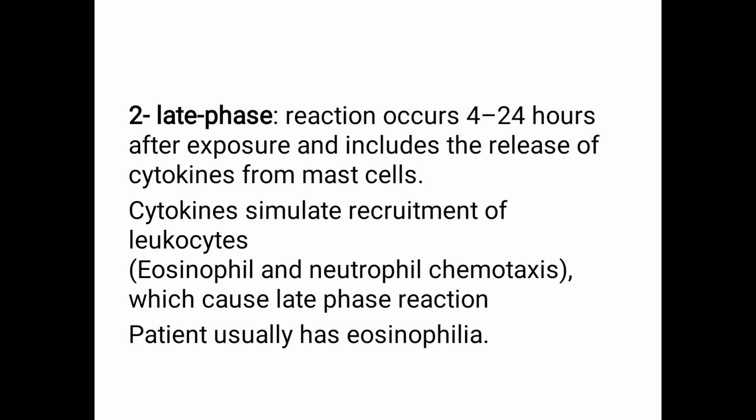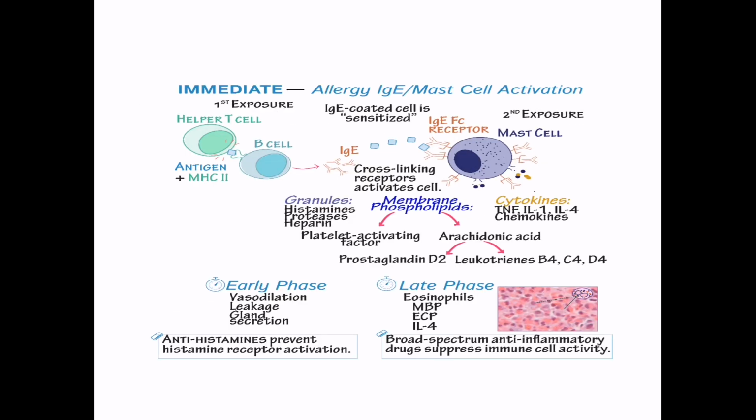The late phase occurs after 4 to 24 hours, and results from cytokines released from mast cells. These cytokines cause chemotaxis and recruitment of neutrophils, eosinophils, and other types of blood cells that cause local inflammation and tissue damage.